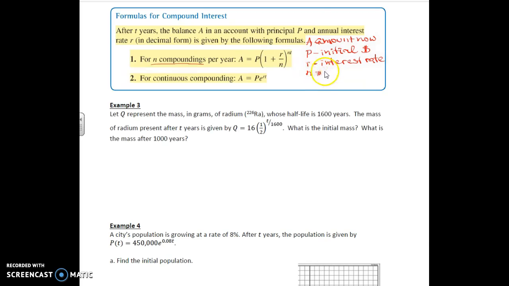So n represents the number of compoundings, or how many times your interest is paid out to you. Lastly, t represents time in years.